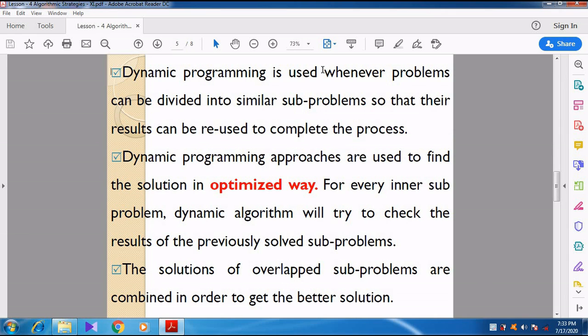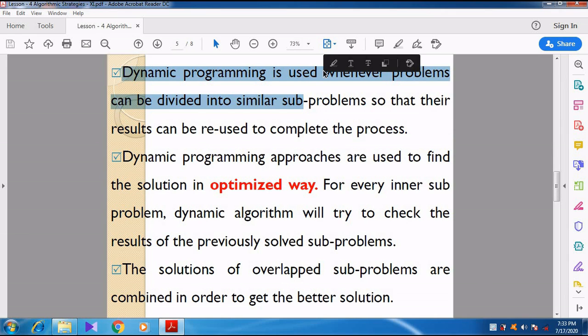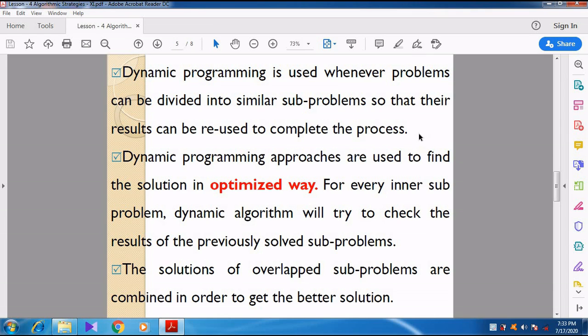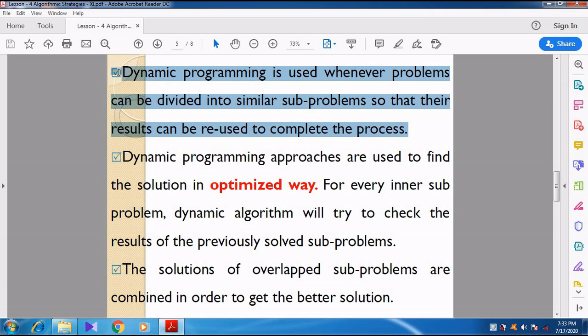Dynamic programming is used whenever problems can be divided into similar subproblems so that their results can be reused to complete the process. We can reuse the result whenever we need.